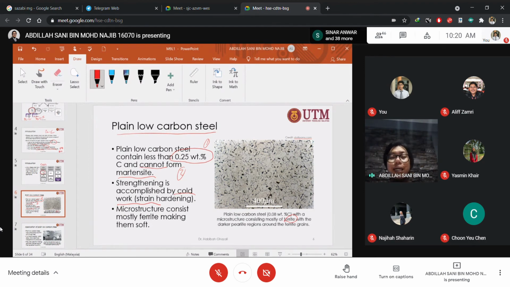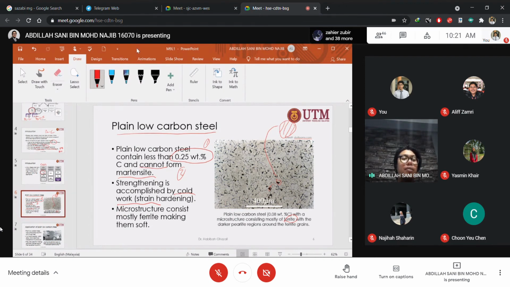This dark phase is the pearlite. If you zoom in more, maybe by SEM, you will definitely see the lamellar structure. The magnification here is a bit low, so we can only see the ferrite and the pearlite, and the pearlite is in small quantity compared to the whole microstructure.